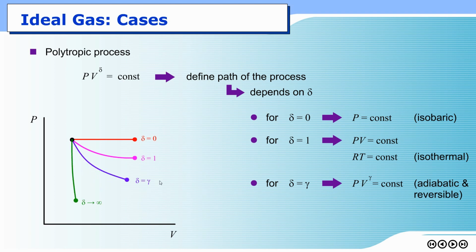Lastly, if you increase the value of delta approaching infinity, then you will see that no matter how high the pressure would be, the product here remains constant when the volume does not change that much. Okay, because the power here is a large number. In other words, this would become a function that does not depend much on volume. In the extreme, when delta approaches infinity, you end up with volume equal to constant.